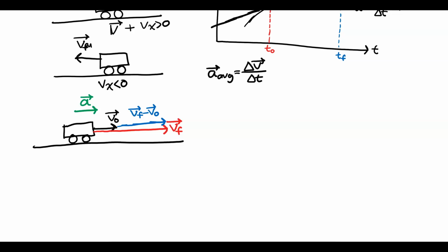So when you're speeding up in a particular direction, then the acceleration will also point in that direction. In other words, if you're speeding up, then the velocity and the acceleration vectors will point in the same direction.